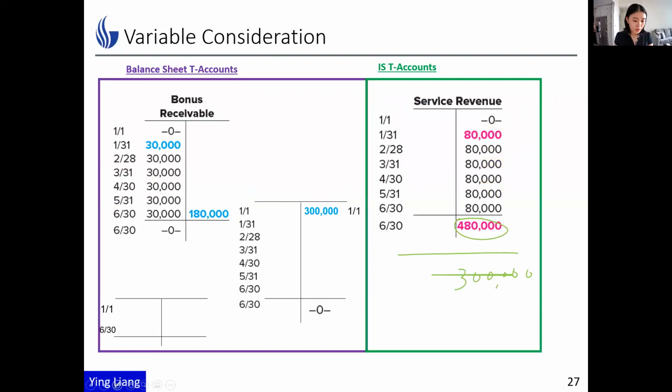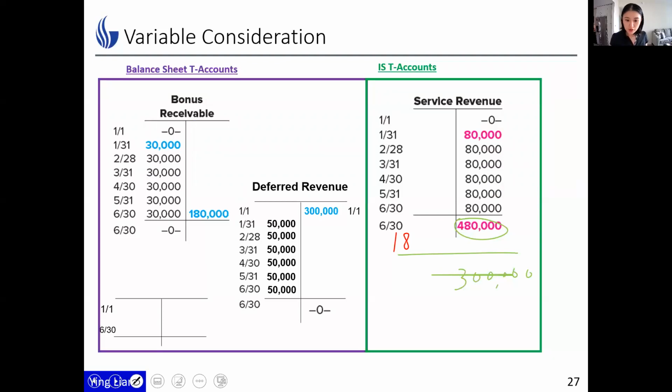So let me change the color to red. Now, instead of doing this, when we do not receive the bonus, we don't have this 180 coming into my cash. So cash is only 300.